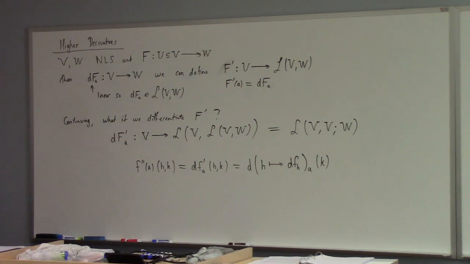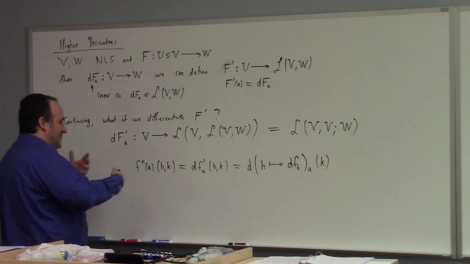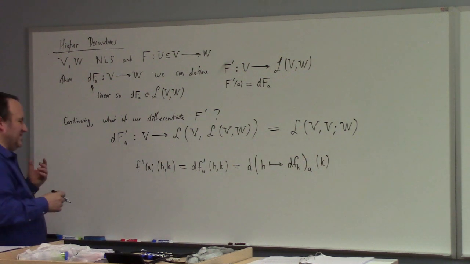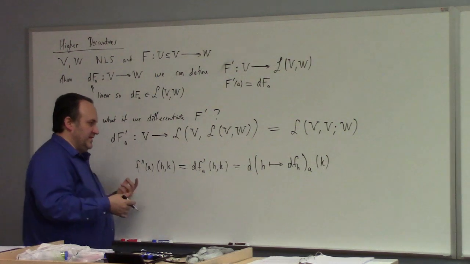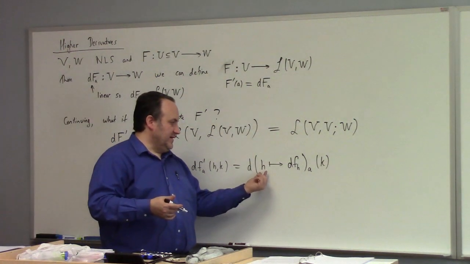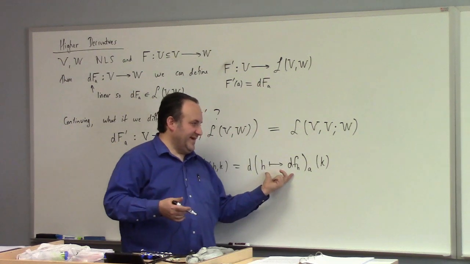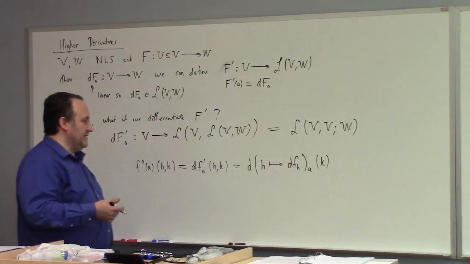So to calculate a second derivative of a function on a normed linear space, we're up against this kind of jibber jabber. We actually have to look at the change in the assignment of the differential at each point, right, and calculate the differential of that, like so.